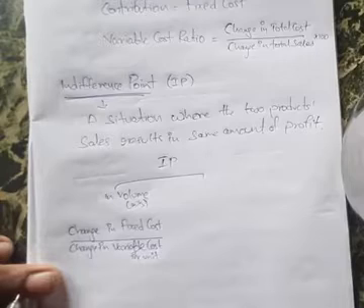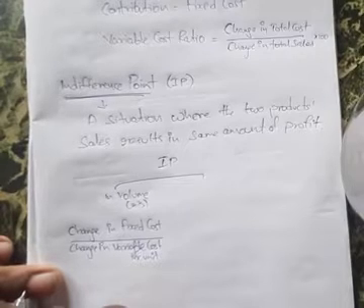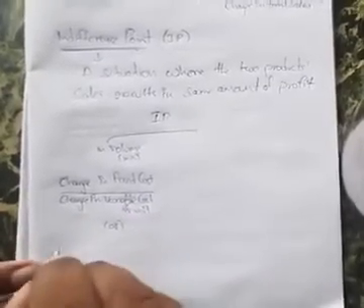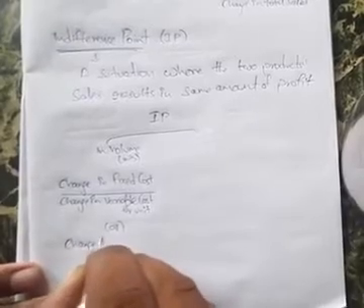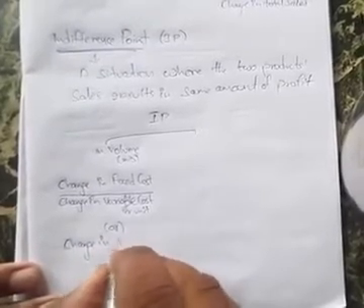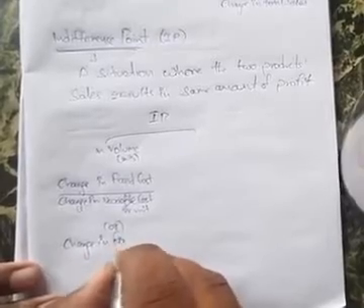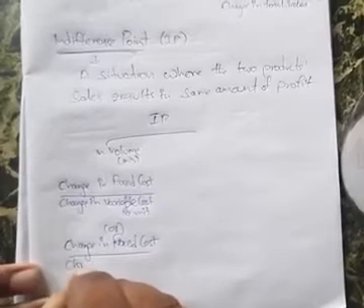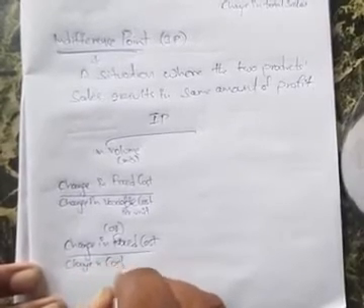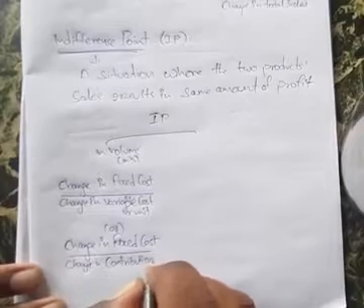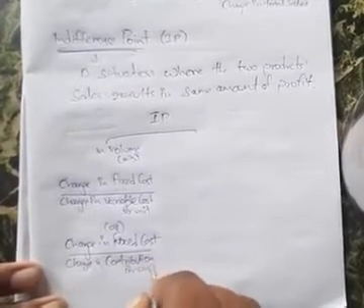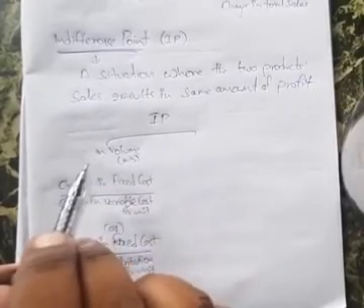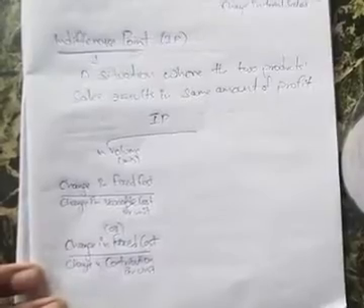Or here there is another formula: change in fixed cost divided by change in contribution per unit. So in these two ways, indifference point is measured when we are asked about units.